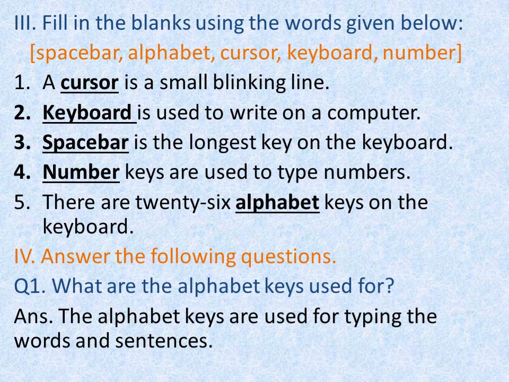Third is dash is the longest key on the keyboard. The answer is space bar. Fourth is dash keys are used to type numbers. Number keys. Fifth is there are 26 dash keys on the keyboard. Alphabet keys.